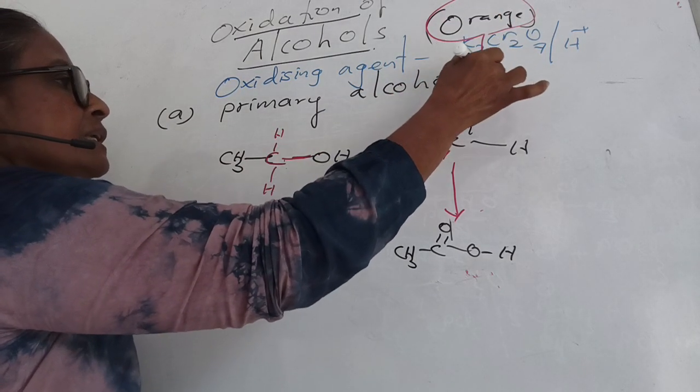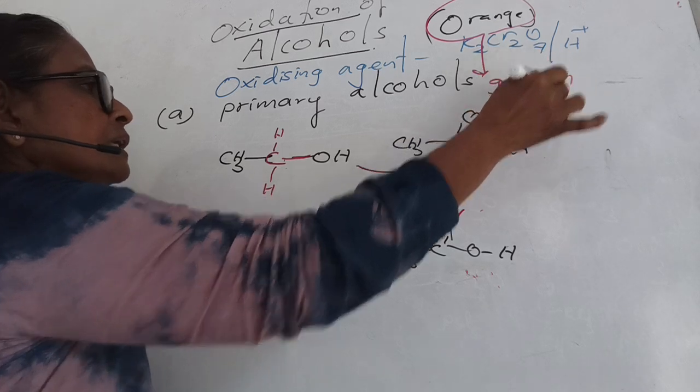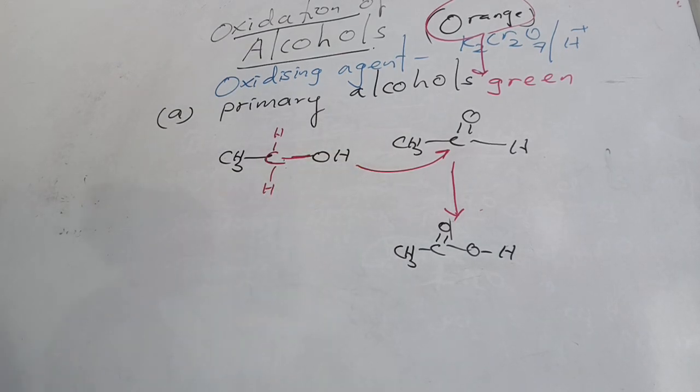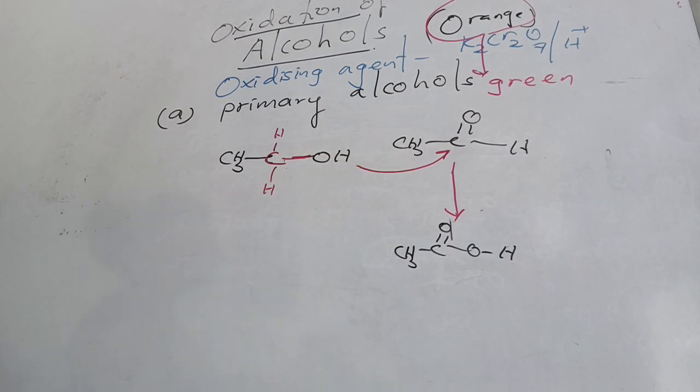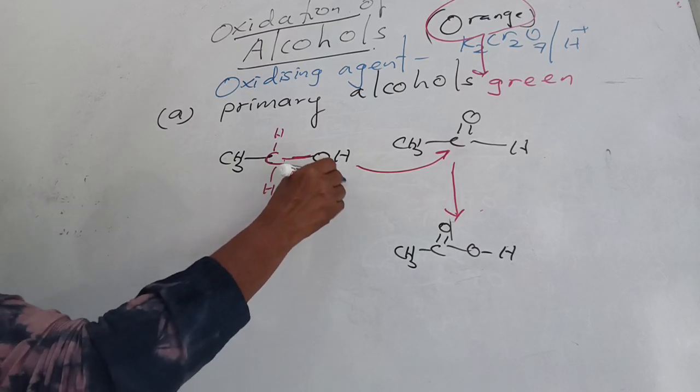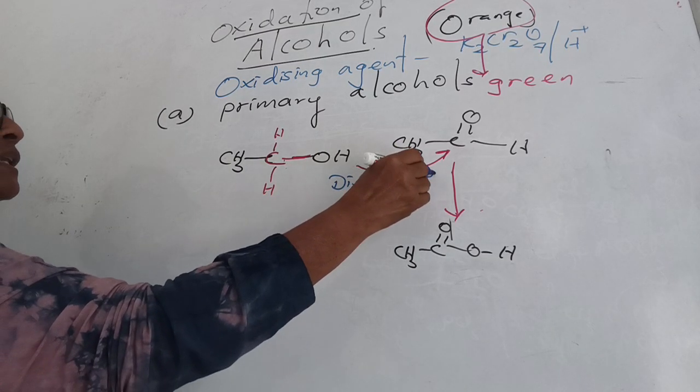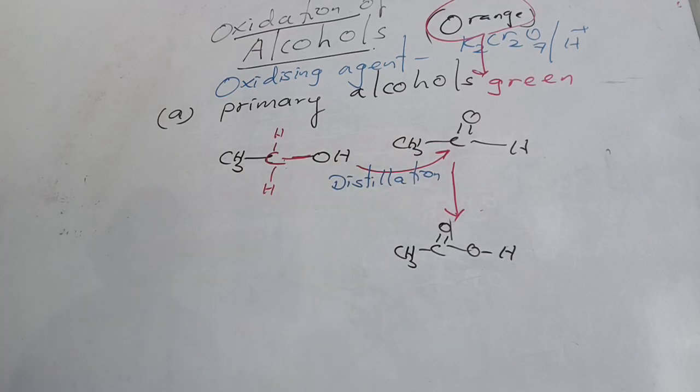At the end, it turns green because dichromate is reduced as it oxidizes the corresponding alcohol. If you wish to get the aldehyde out, you should use distillation. As the aldehyde is formed, it is immediately removed from the reaction mixture through the distillation apparatus.